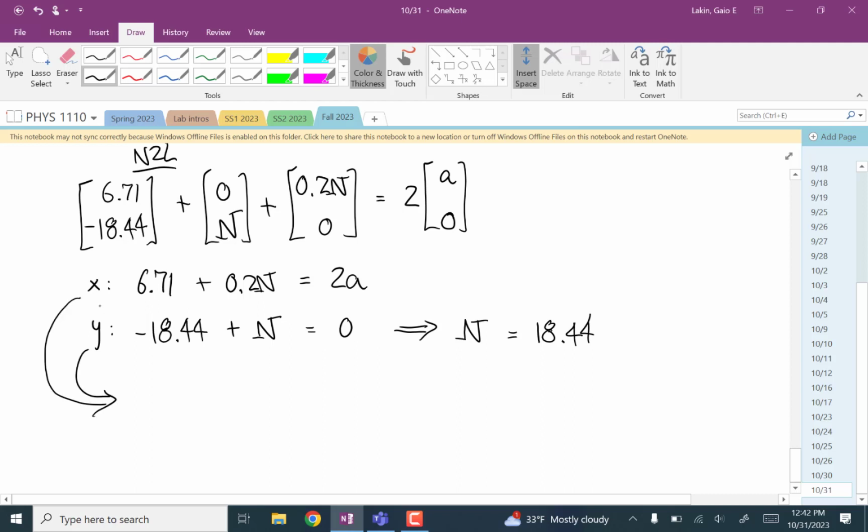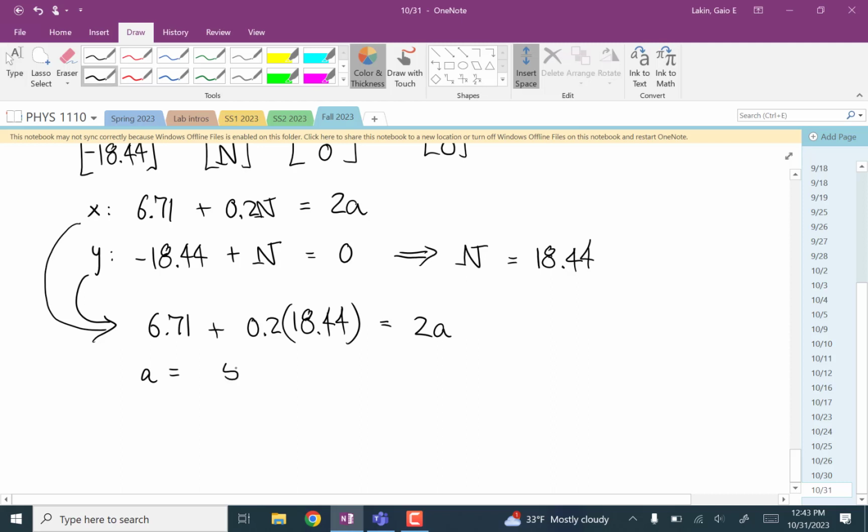Then put that into the x equation, you get 6.71 plus 0.2 times 18.44 is equal to 2a. And so a is equal to 5.20 meters per second squared.